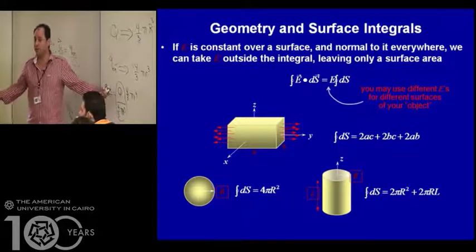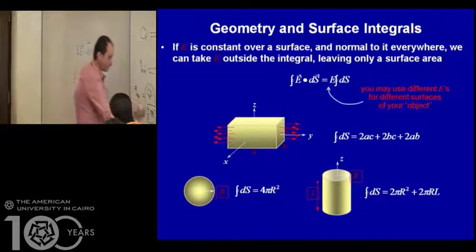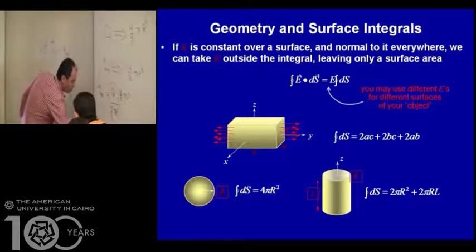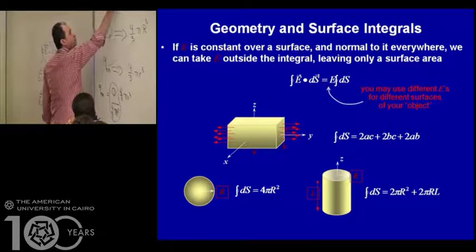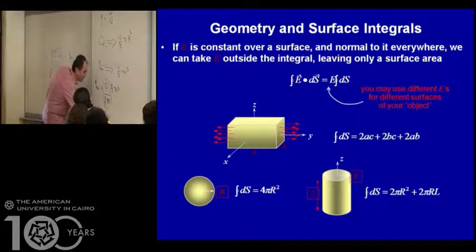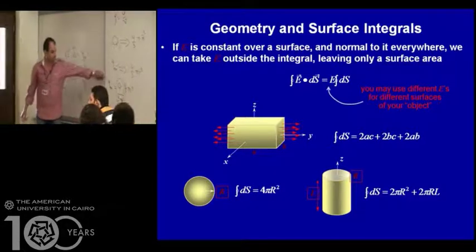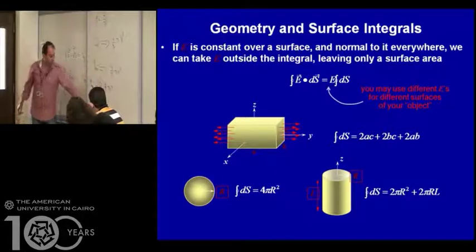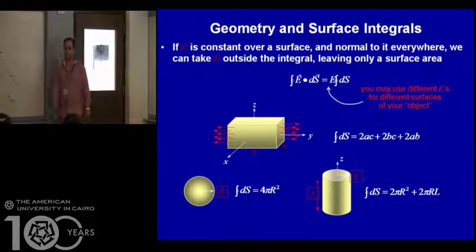So Q enclosed will equal rho, the charge density, where rho equals Q divided by the volume, times the volume of Gauss's surface. So now we know what Q enclosed is.